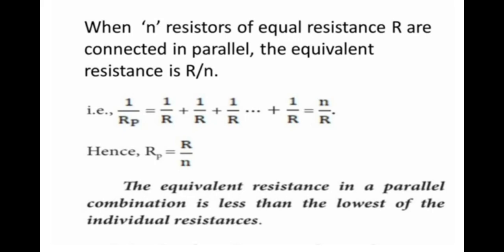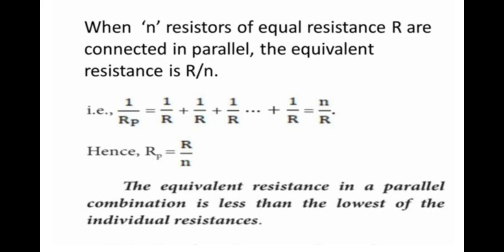Here, n is the number of resistors of equal resistance connected in parallel. The equivalent resistance is R by n. So, the equivalent resistance in a parallel combination is less than the lowest of the individual resistances.